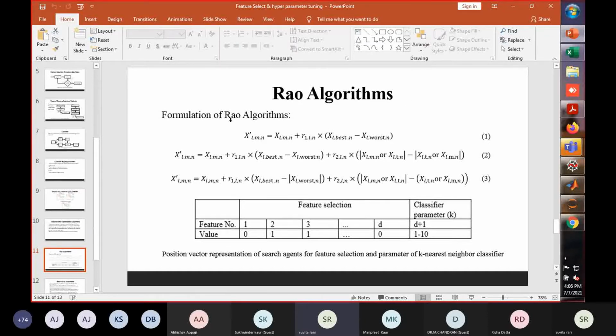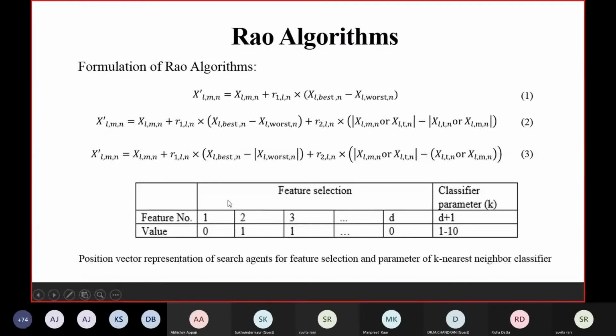It is generally based on x, the value of position. Basically, there are several search agents, and every search agent has an x value which has a dimension equal to the number of features.